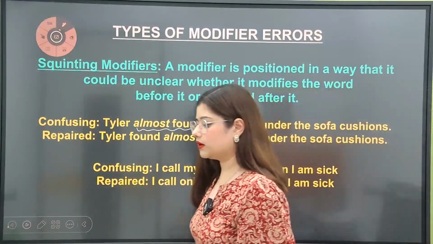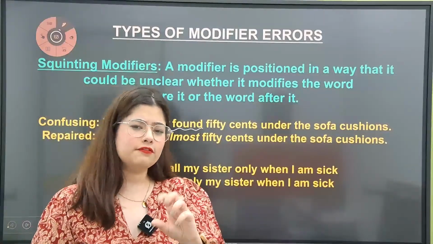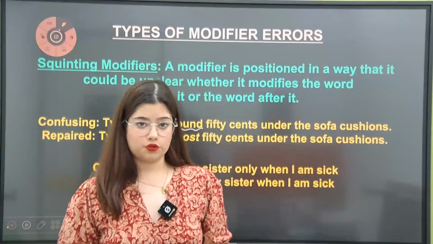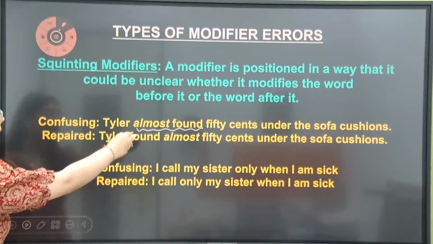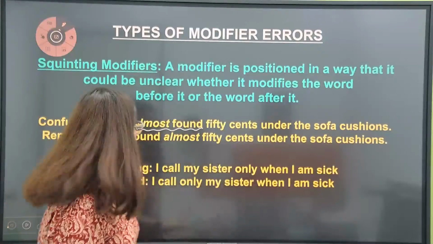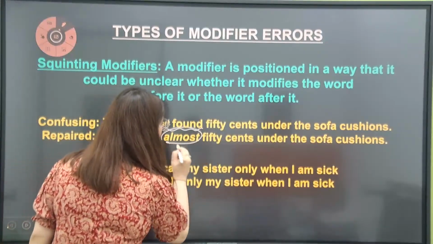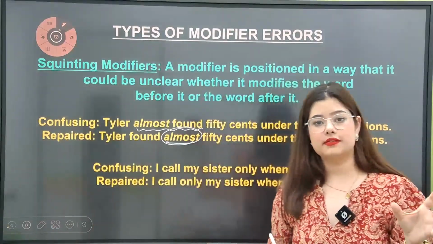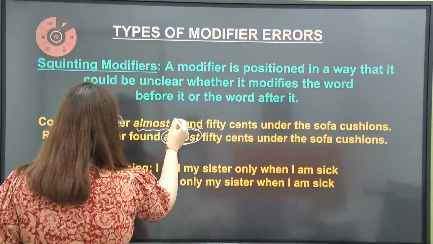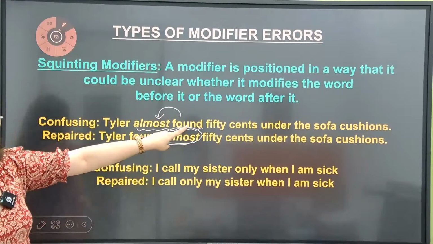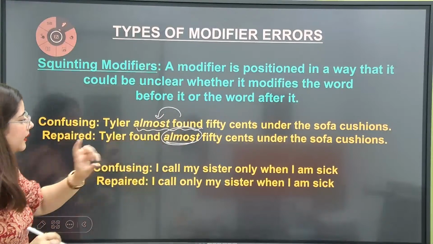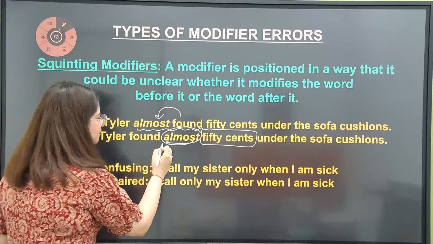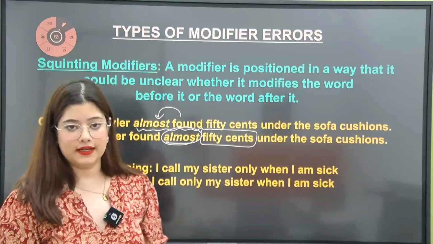But maybe the statement is trying to say that he found approximately 50 cents under the sofa cushions. So instead of saying Tyler almost found 50 cents, we would say Tyler found almost 50 cents, right? Approximately 50 cents. So instead of placing it before the verb, because it is not modifying the verb, it is modifying 50 cents here. So I will have to place it closer to 50 cents.